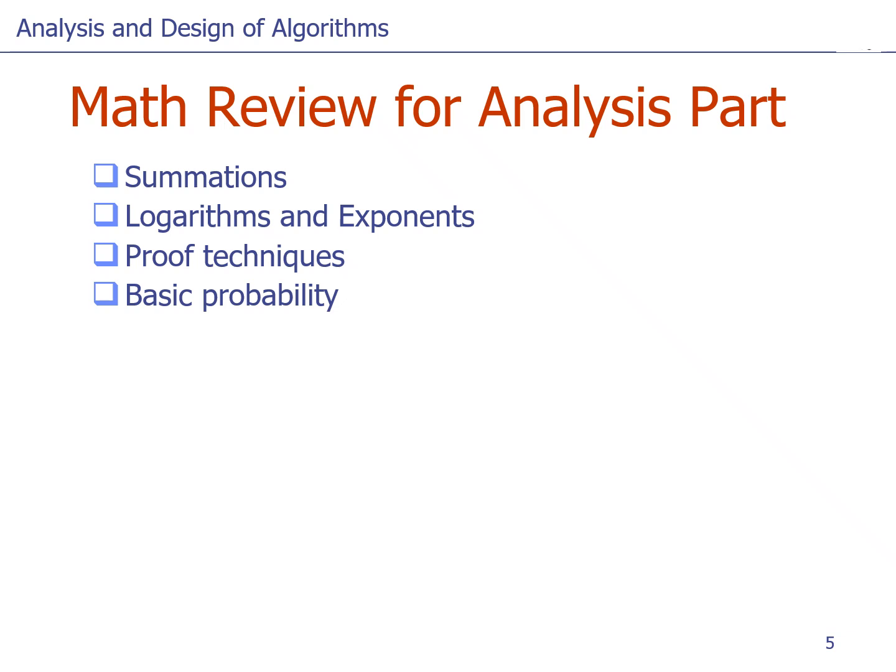You need to know how to solve summations. You need to know what logarithms and exponents are, and how you can manipulate them. And you need also to do some proving, although this is not the type of proving that you do in the theory course. There it's more formal. Here it's a little bit informal, but you need to know about proving. And you need some basic probability knowledge.